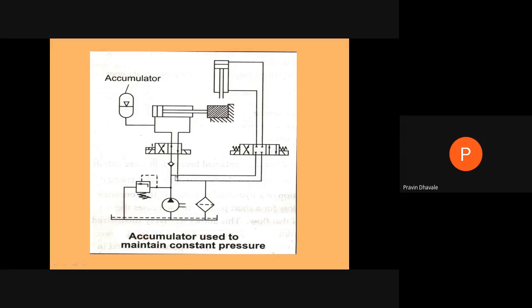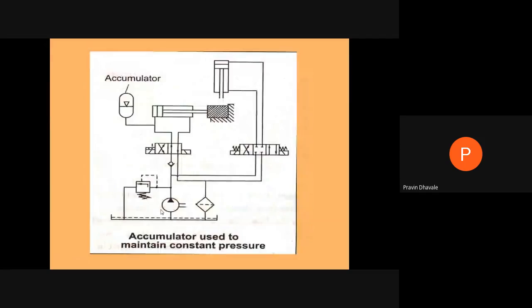We are now diverting the flow in this direction. So vertical clamping is done over here, and previously we carried out the horizontal clamping. But when we are diverting the flow to the cylinder, at that time the horizontal clamping pressure will be maintained constant by using this accumulator. This is the second application where we can use the accumulator to maintain the constant pressure.